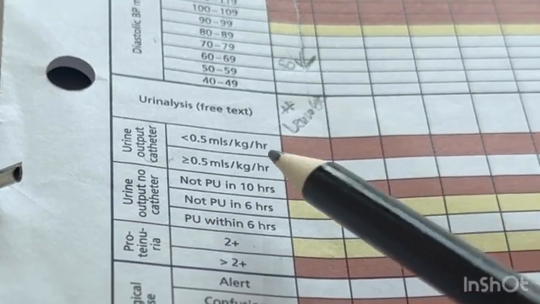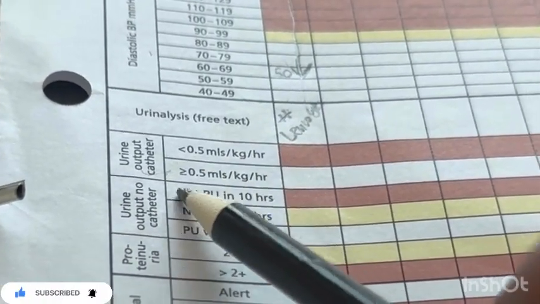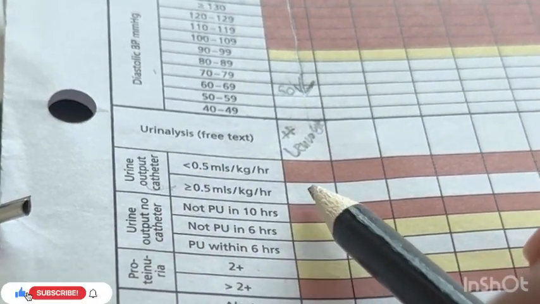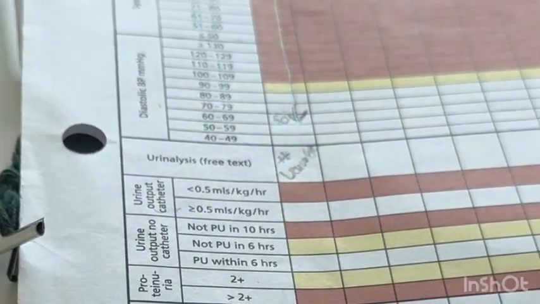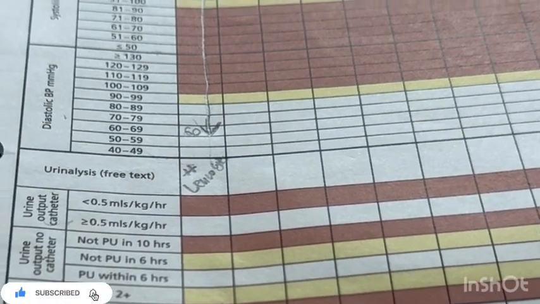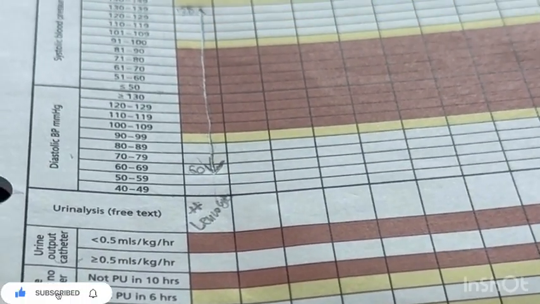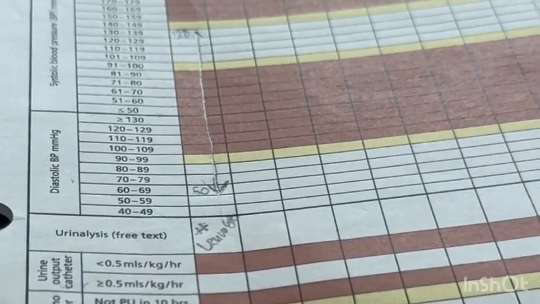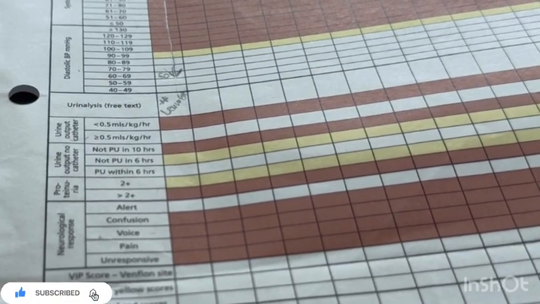And then we come to urine output, okay? So for the urine output, that is the main reason why on the first page, remember, we put the patient weight there, okay? Because it is the patient weight that is going to make us calculate how many mils of urine we are expecting in every hour for that particular patient. To calculate normal urine output, you need 0.5 mils per kilogram per hour.